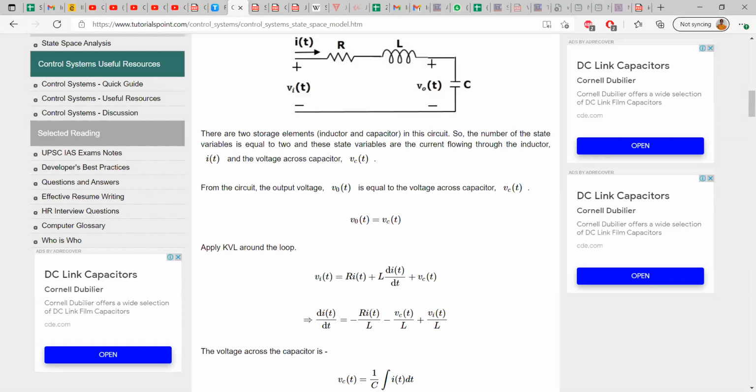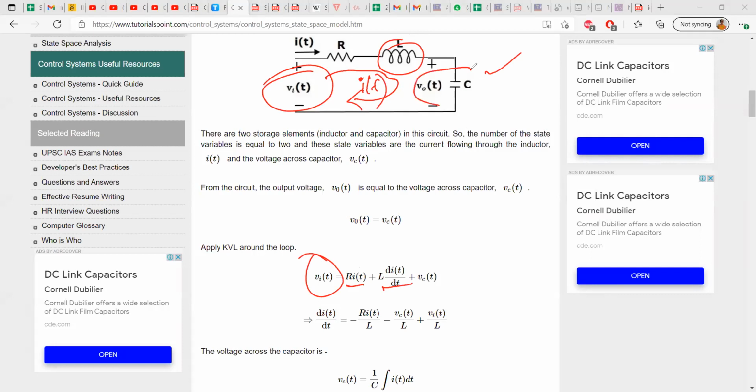Okay, thank you. So this is the circuit. Now we are going to apply KVL around the circuit. The current flowing through the circuit is i of t. If you apply KVL, the input voltage Va of t is equal to the sum of voltage drops across each element: i of t into R, the voltage across the inductor is L di by dt, and the voltage across the capacitor is Vc of t.